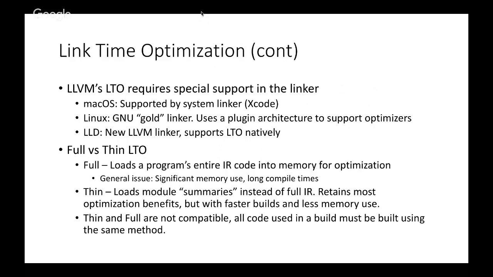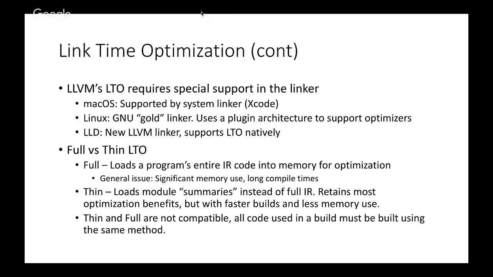Okay, so thin is kind of the LLVM crowd's solution to this. I think it's really coming out of Google, but it's the LLVM team solution. The .o files hold not only the intermediate representation code, they also hold the summaries of all the different symbols. When the linker reads these in, it only stores in memory the summaries, and then it's able to perform its optimization on the summaries.